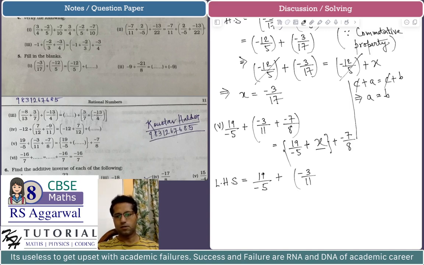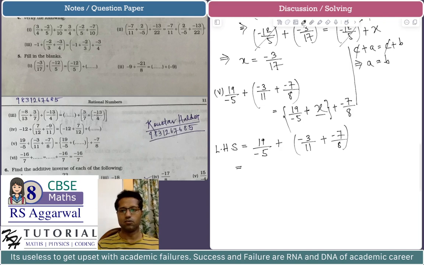So this is the LHS expression. Now you can clearly understand that we have to apply the concept of rearrangement of rational numbers. We can always rearrange properly using appropriate properties of addition. So we can use the associative law of addition of rational numbers.